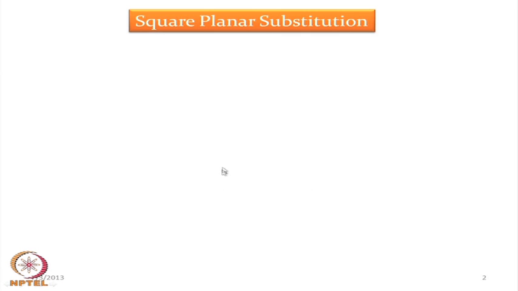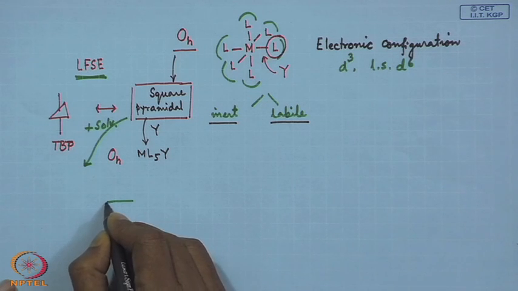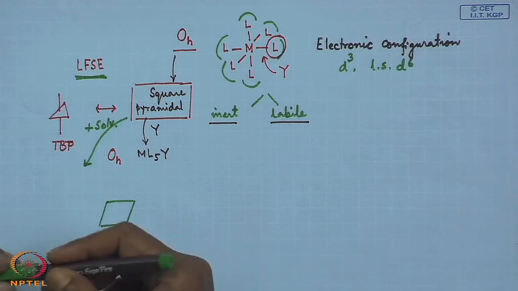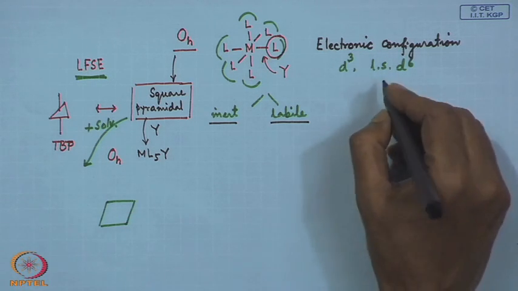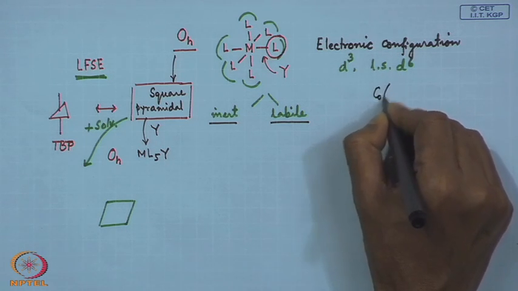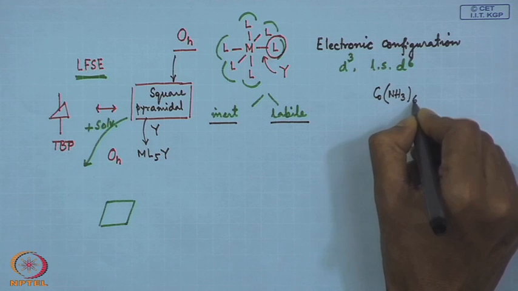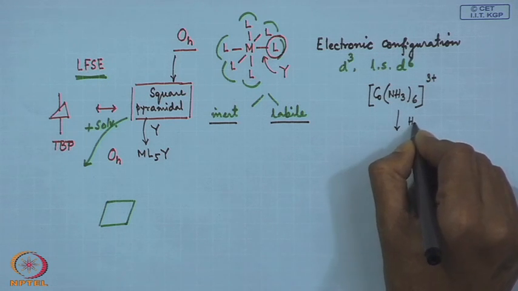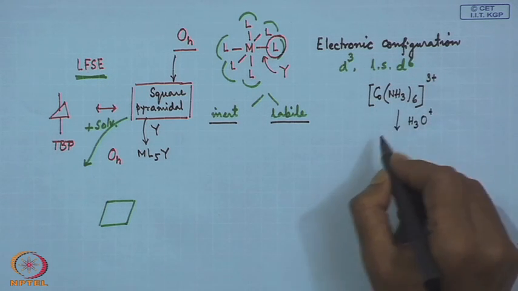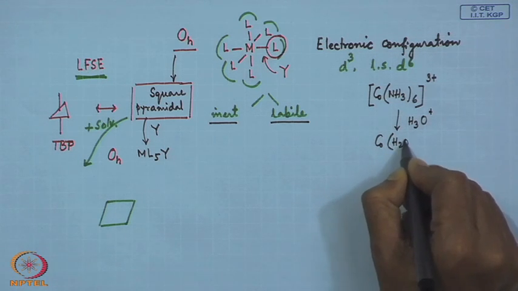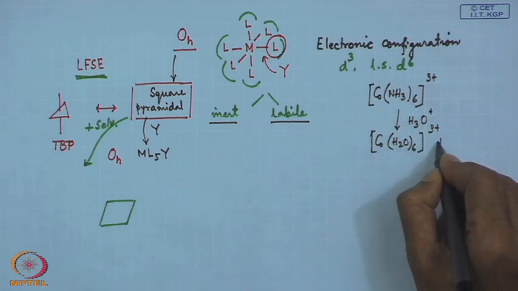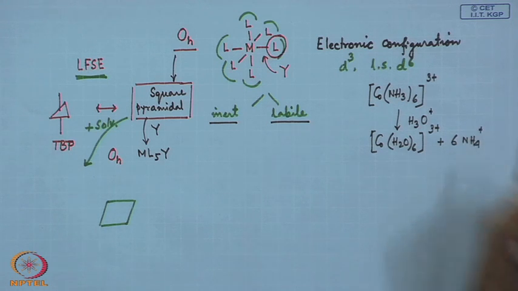So, what we see is that in case of one particular geometry, if we move to a square planar geometry, these particular geometries are very important because we have considered this particular electronic configuration which is substitutionally inert, that means low spin d6. What we all know now is how hexaamine cobalt 3+ can react with H3O+ to give rise to the corresponding hexaaqua cobalt 3+ compound and 6 ammonium ions.